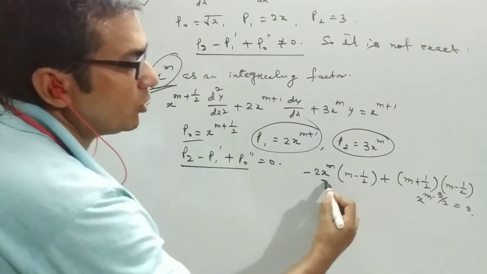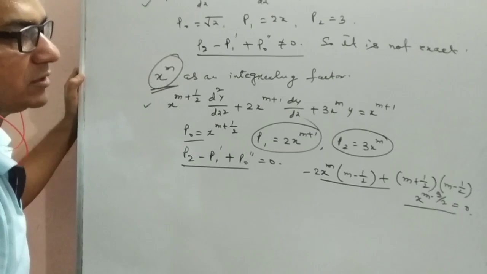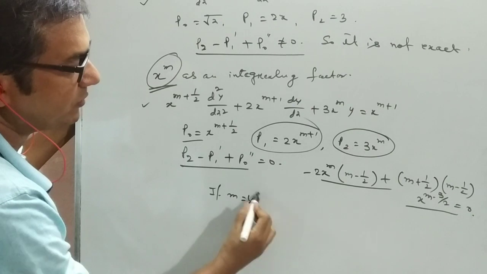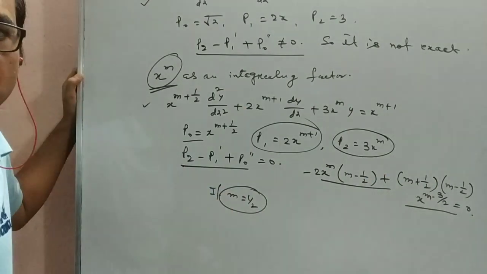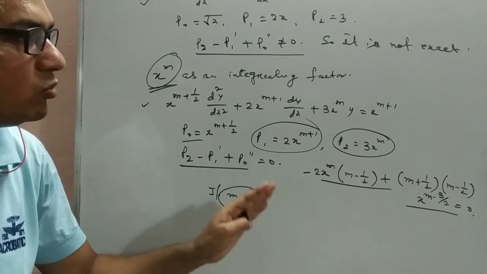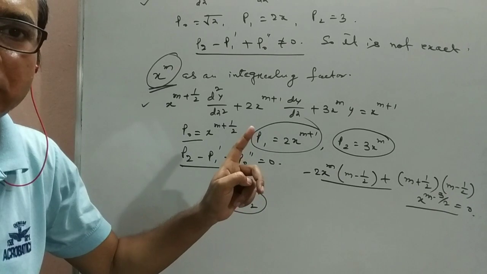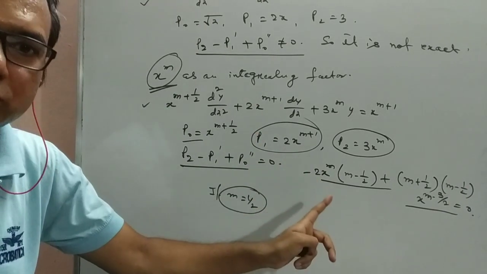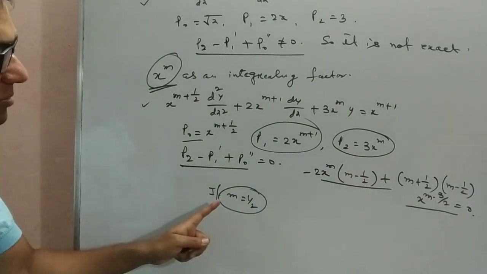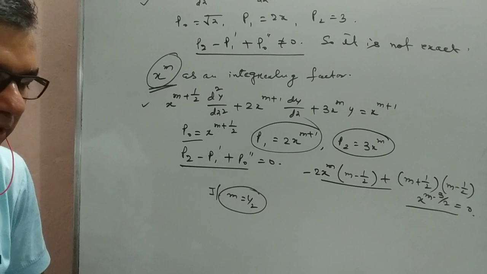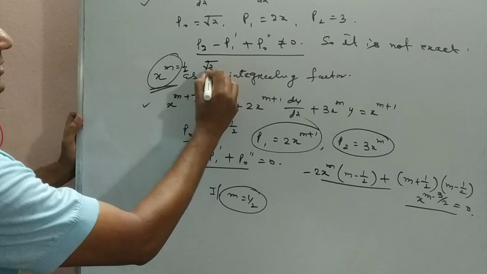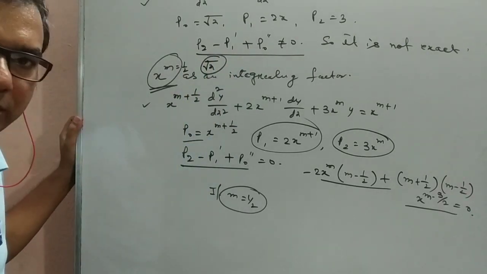Now clearly from this relation we see that if m equal to half, then the relation is true. That is, if m equal to half, then this term is 0 and this term is 0, and no other value of m can make the left hand side 0. So we must have m equal to half, that is, root x is an integrating factor.